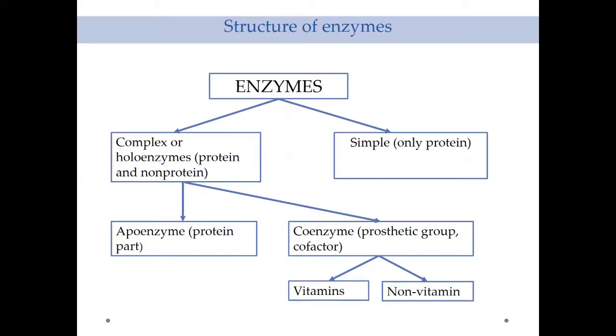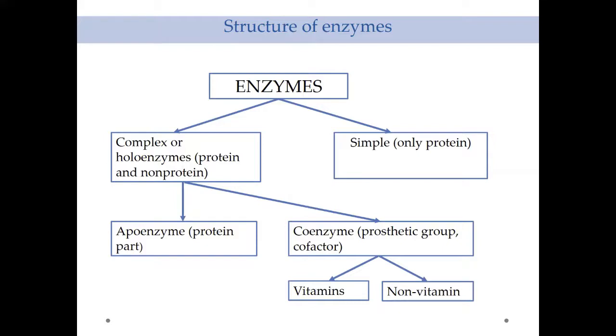The holoenzyme is divided into two parts, apoenzyme and coenzyme. As you see in this picture, the coenzyme may have different names. It may be prosthetic groups and it may be cofactors. It depends on how this non-protein part binds to the apoenzyme. A coenzyme may bind weakly, or may bind strongly.